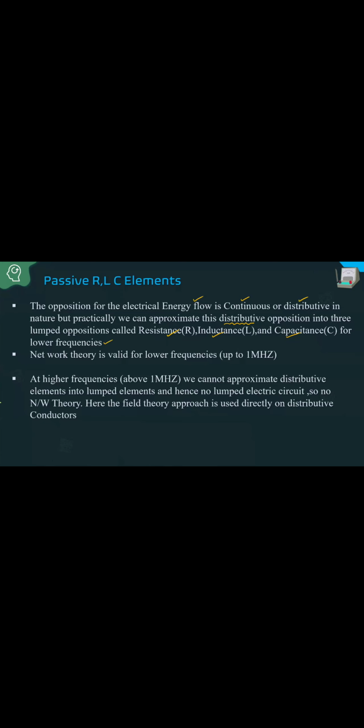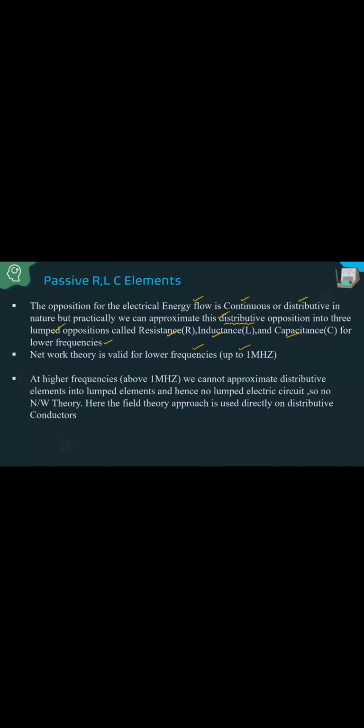But this is for lower frequencies. Point to remember, friends: network theory is valid for lower frequencies, maximum up to 1 megahertz. What is the reason? Up to 1 megahertz or lower frequencies only, we are approximating distributive as lumped.